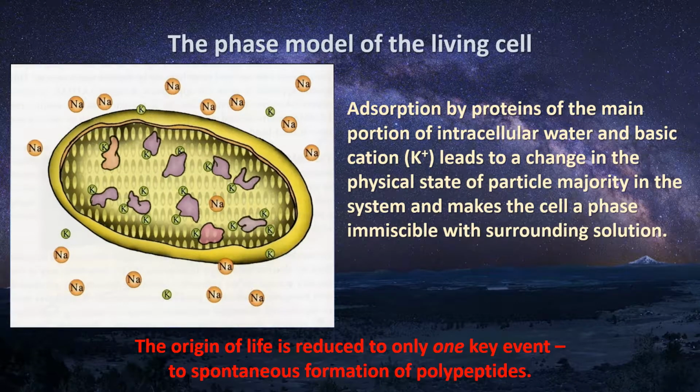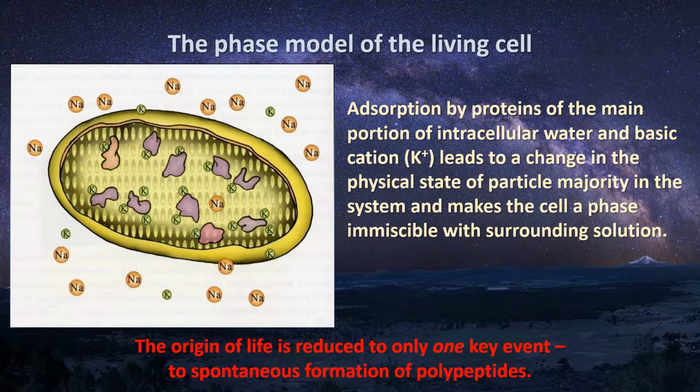From the standpoint of the bulk phase model of the cell, proteins are carriers of the fundamental physical properties. With this approach, the origin of life is reduced to a single key event, the spontaneous formation of polypeptides. Once they are formed, they inevitably exercise their sorption properties, bind water and potassium, and associate with each other to form a compartment with special physical conditions inside.